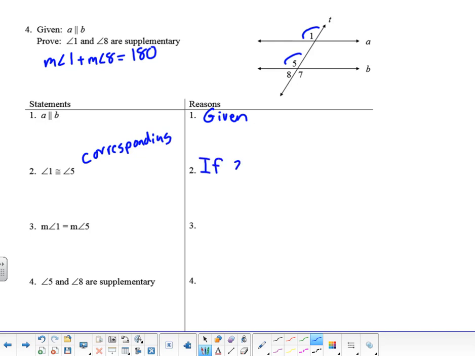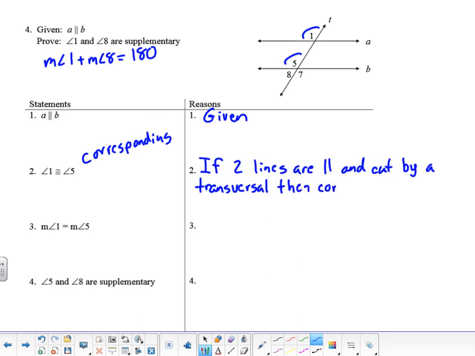So if 2 lines are parallel and cut by a transversal, then corresponding angles are congruent. Don't leave that congruent part out. That's a part that people often leave off.